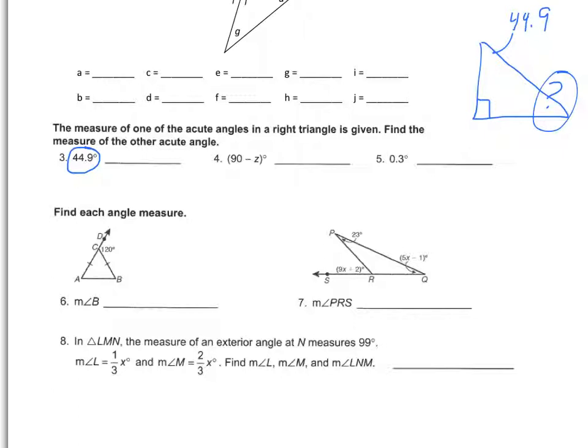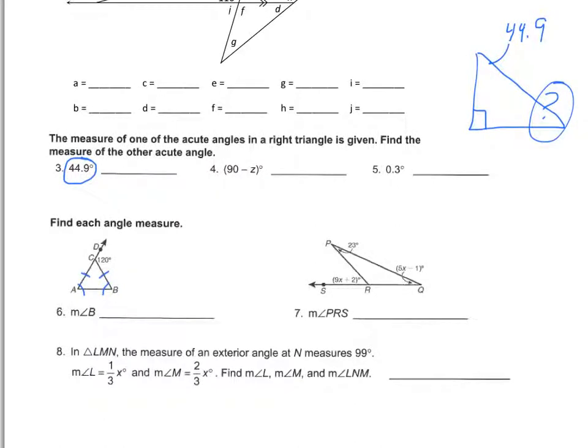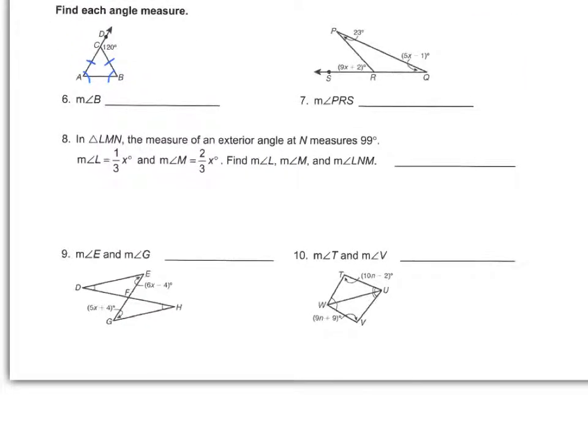Number 6, we haven't talked about this, but if we have two lines here saying these two lines are congruent, it means that these two angles are going to be congruent. That's an isosceles triangle. Number 7, you should be fine. Number 8 was the one that we skipped, so we're not going to look at that one.